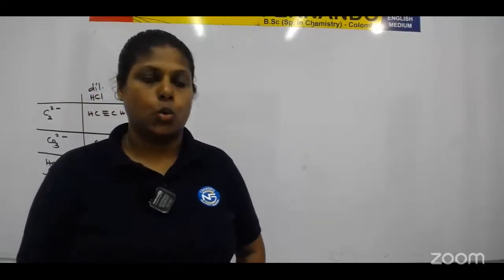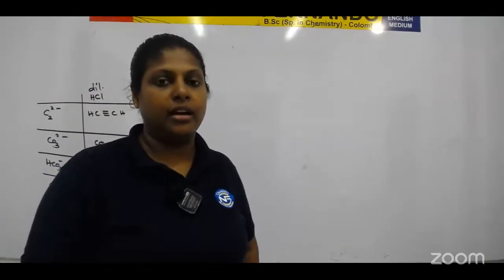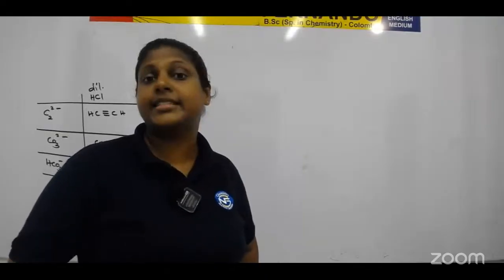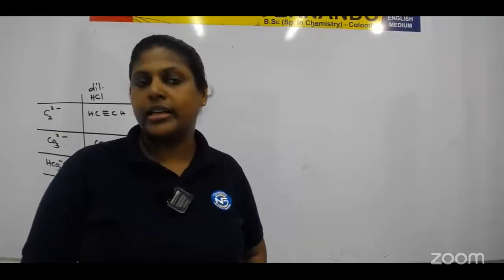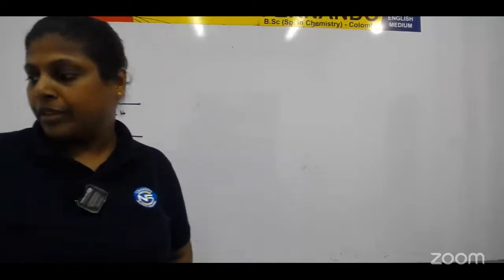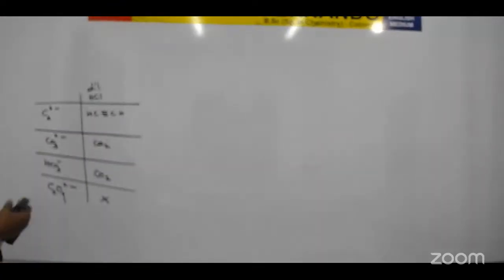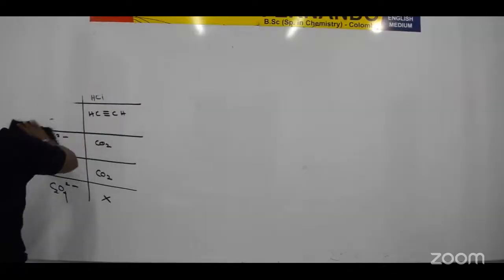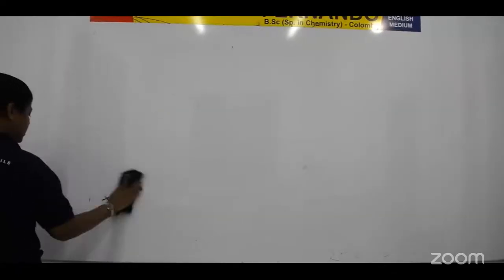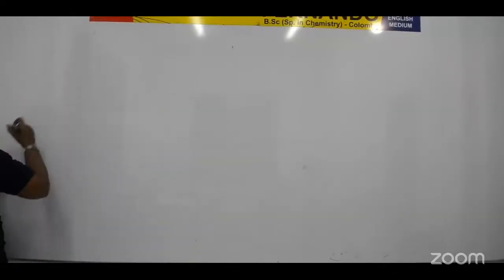Initial color is yellow. When there is ammonia, the yellow turns to brown. That is the best test to identify ammonia: Nessler's reagent.